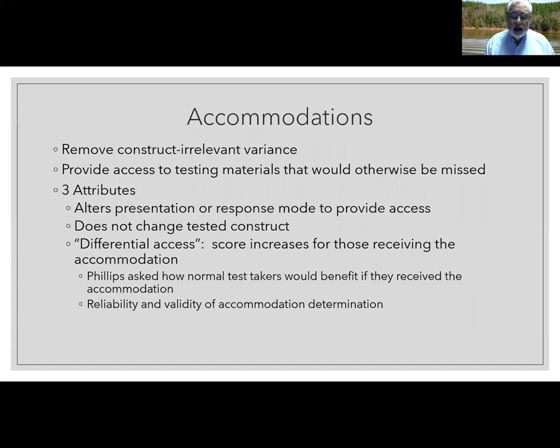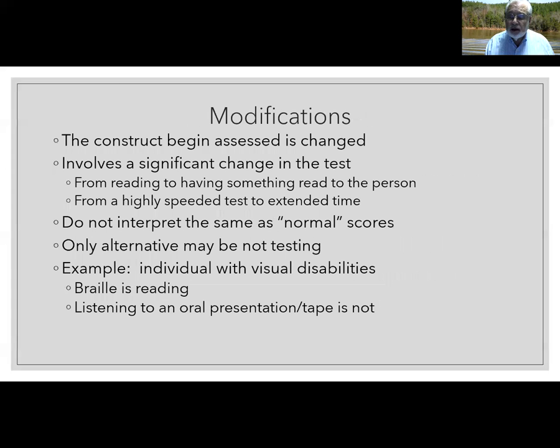And usually we have what we call differential access, sometimes differential gain, that we have score increases for those who receive the accommodation that we don't necessarily get for people who don't need the accommodation. And that's a question Susan Phillips, a lawyer and psychologist, actually asked: how would normal test takers benefit if they received the accommodation? And then we look at the reliability and validity of the accommodation information, and so forth.